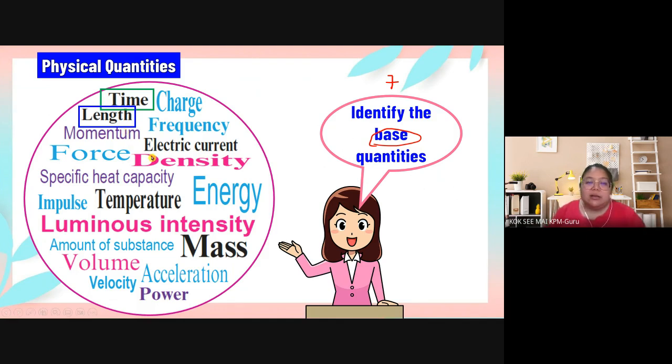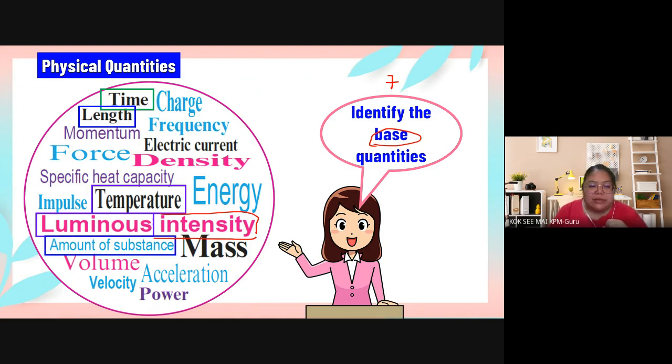Okay, then after that, electric current. Okay, temperature, yes, using the thermometer. Then luminous intensity. Luminous intensity is light, brightness. How much light is there? Okay, after that, we have amount of the substance.